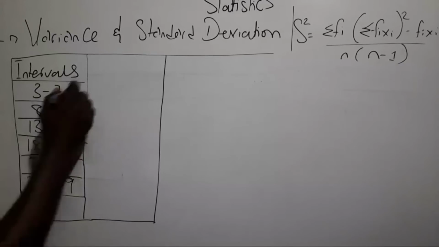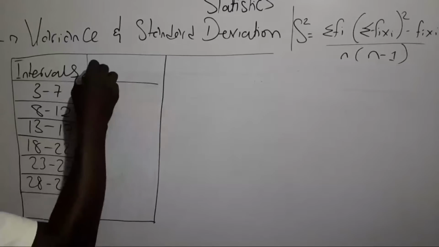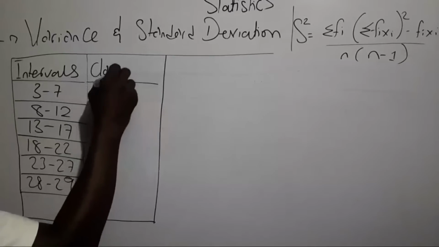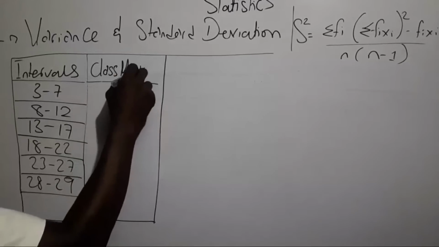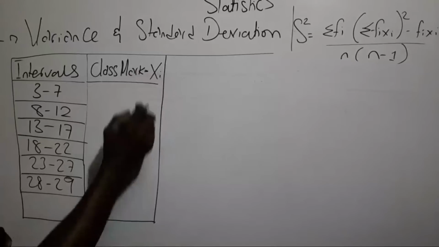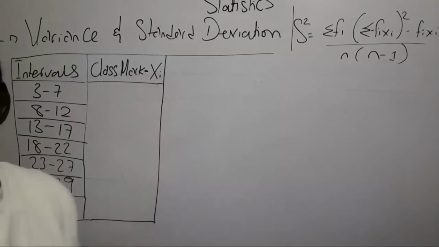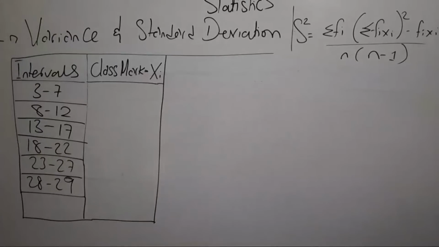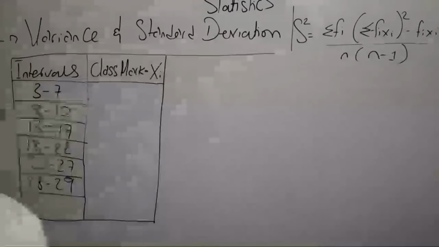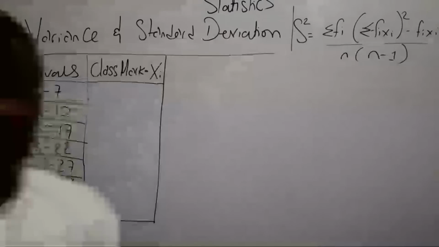We know what to do next. Our class mark. A class mark is usually xi. So can we start? What's our xi for this interval? We are statisticians.